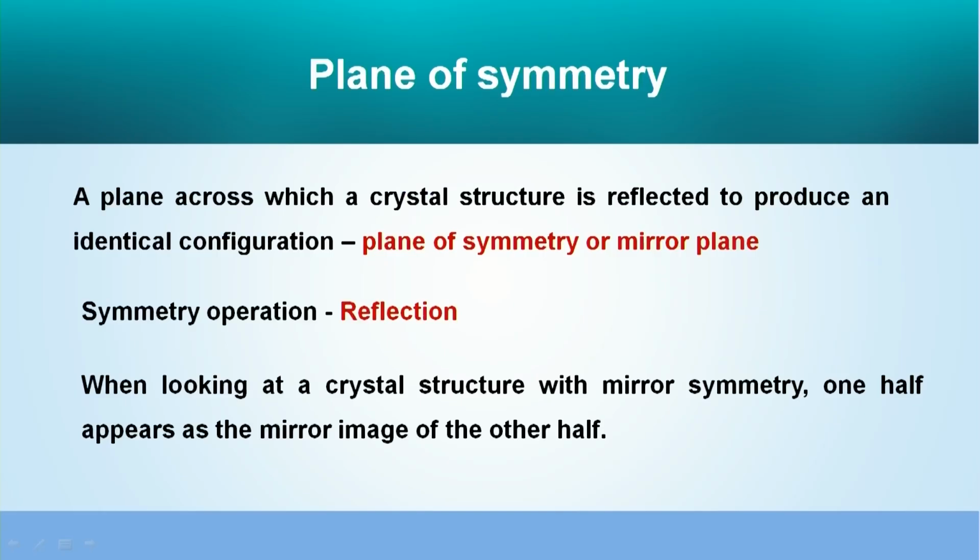So, next element of symmetry is the plane of symmetry. It is an imaginary plane across which a crystal structure is reflected to produce an identical configuration, and this is referred to as the plane of symmetry or mirror plane.